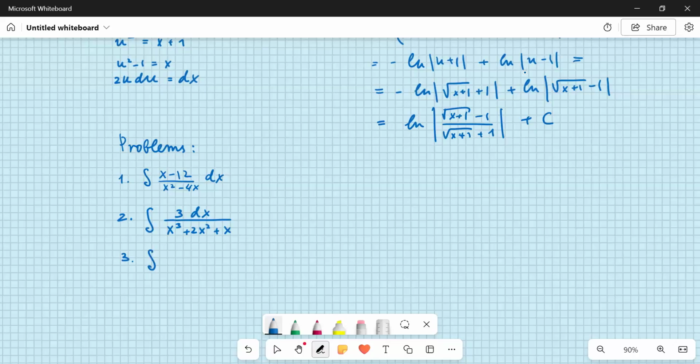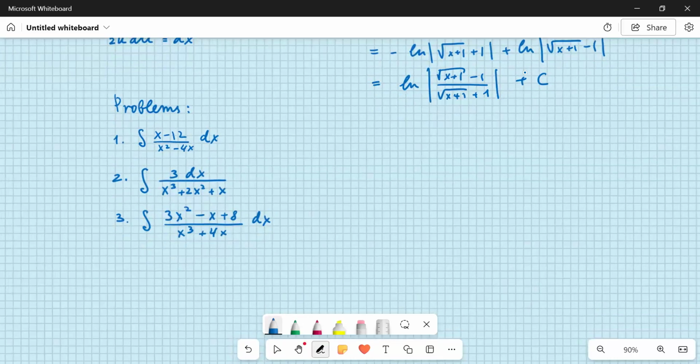Problem 3, x squared minus x plus 8 over x cubed plus 4x dx. And the last problem, problem 4.